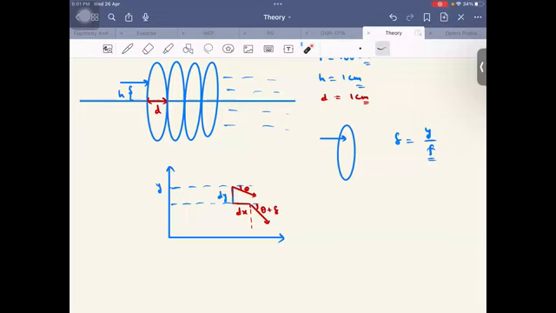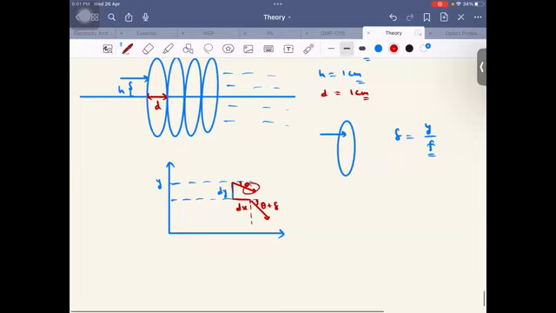Now can anyone tell me the slope of this line? If this line makes angle theta, then with the x-axis it is 180 minus theta.